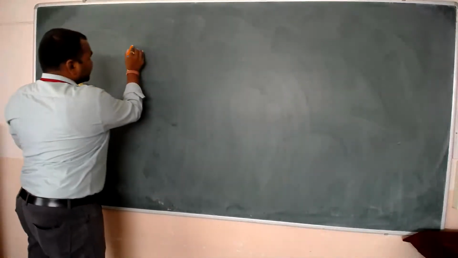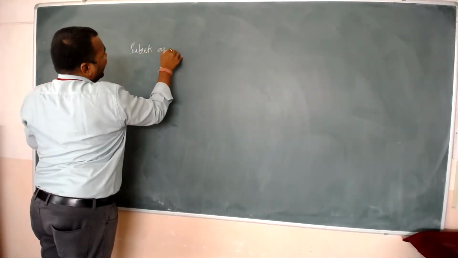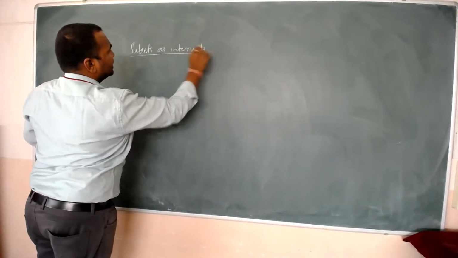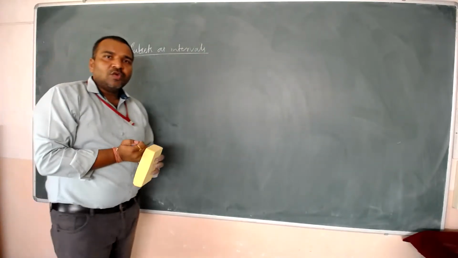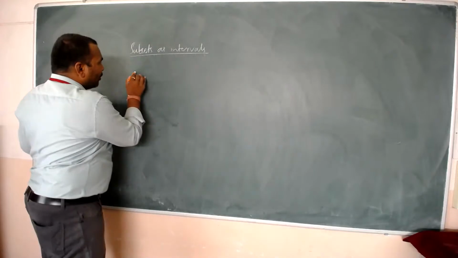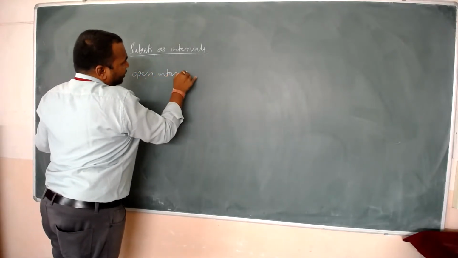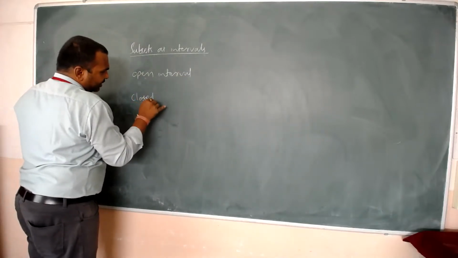Now, subsets as intervals. We have 4 intervals now. One is open interval. Second one is closed interval.